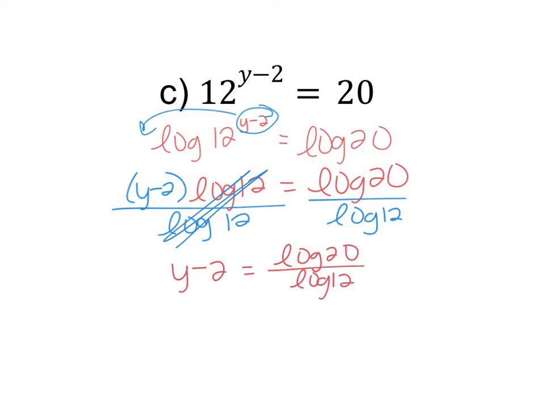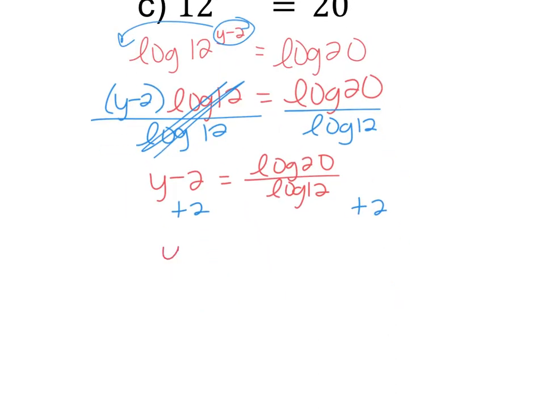If I left those parentheses around there, are they doing anything for me? The answer is no. There's no number being distributed in. That binomial is not being raised to a power, so I can get rid of the parentheses because they're not doing anything. Okay, now let's add 2 to both sides. So now y equals the log of 20 over the log of 12 plus 2.